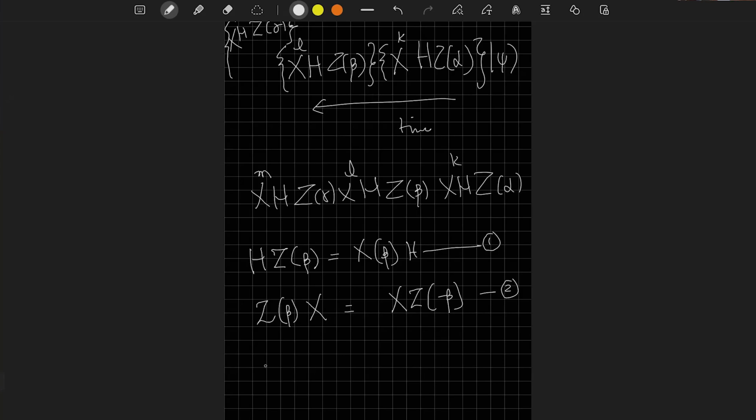And if I have X to some power P, and then you have minus 1 raised to power P. So you have identities of this kind. The operators with the arguments are the exponential unitaries.